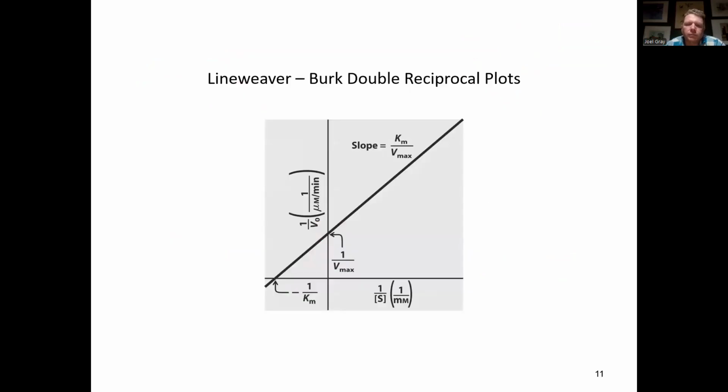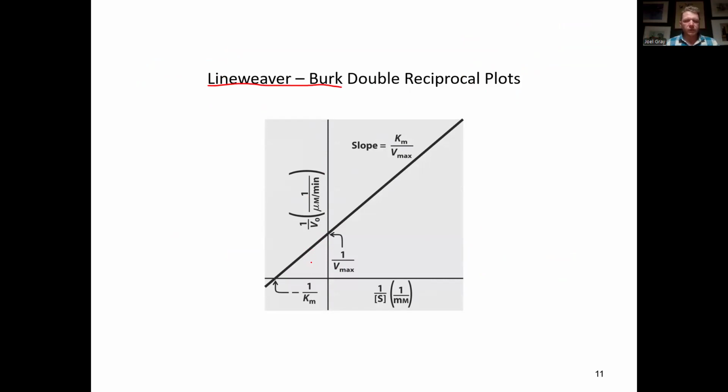Now, another very important plot that you should be familiar with is similar to that Michaelis-Menten plot in the sense that the y-axis deals with your initial velocity and your x-axis deals with your substrate concentration. But this is known as a Lineweaver-Burk plot. This is a double reciprocal plot.